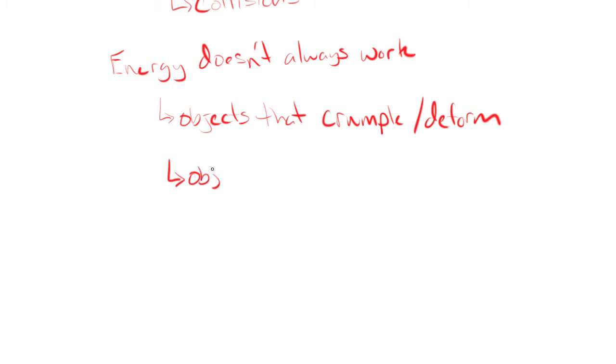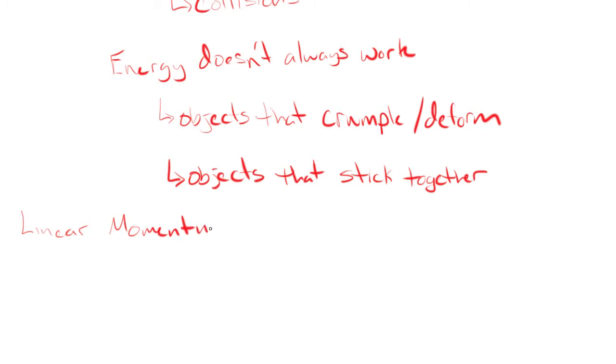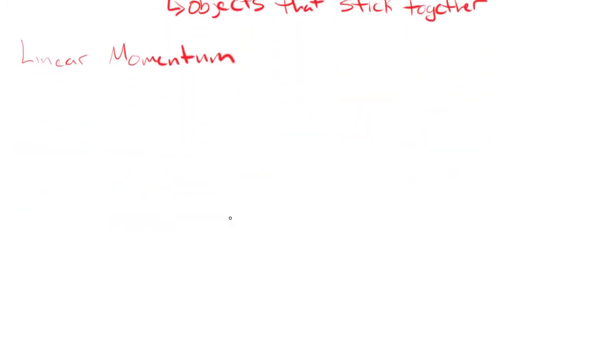Similarly, if we have objects that stick together, we don't really have the tools yet to understand the motion of those sorts of objects as they interact. So we need another quantity that allows us to do these sorts of things. And that quantity is going to be linear momentum.